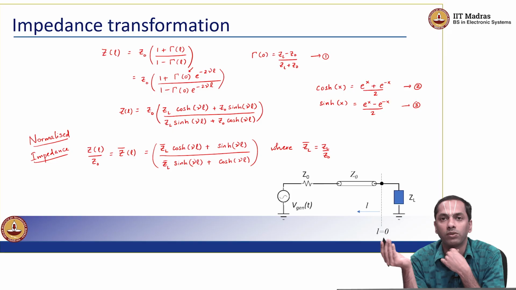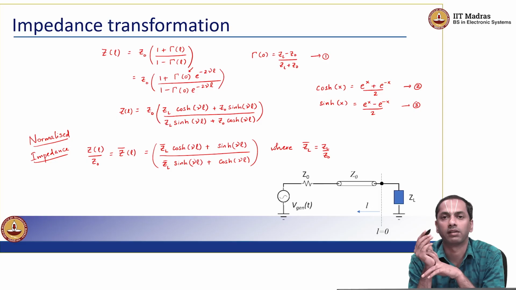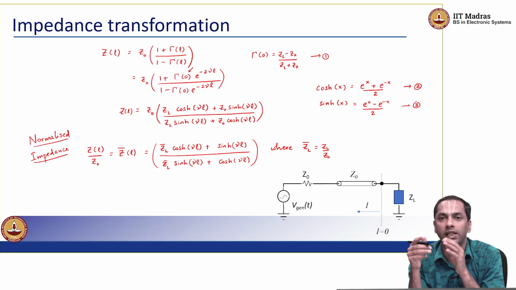So some portion of those sinusoidal waveforms are coming back to the generator, and the combination of these forward going and reverse going voltage waves creates an interference phenomenon, which shows us that at different positions along the transmission line we notice variation in voltages and currents.